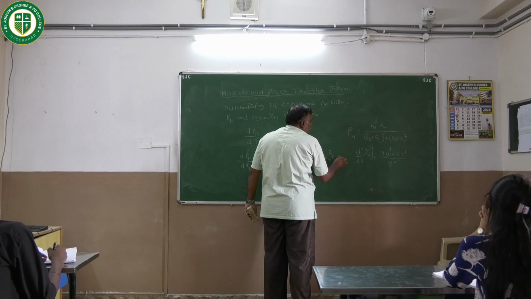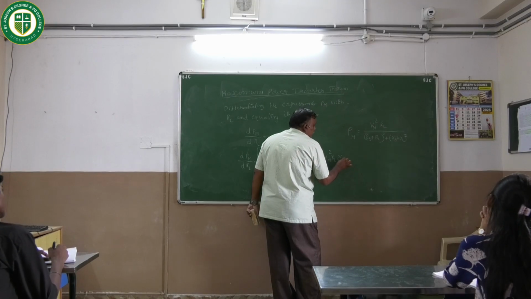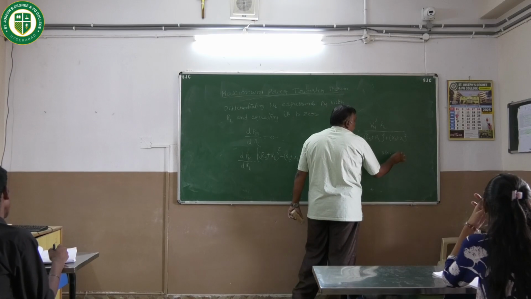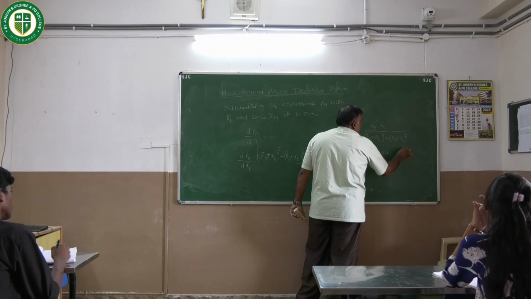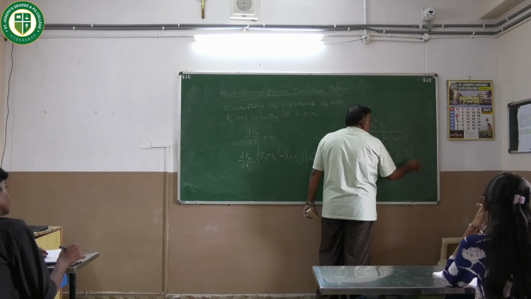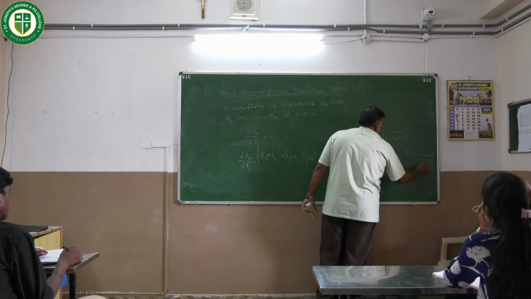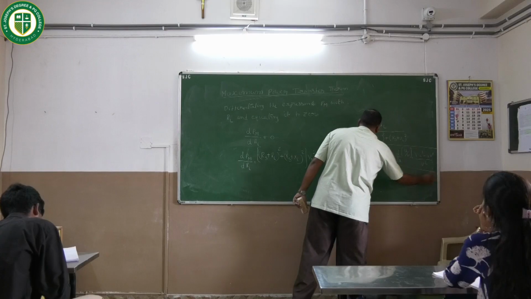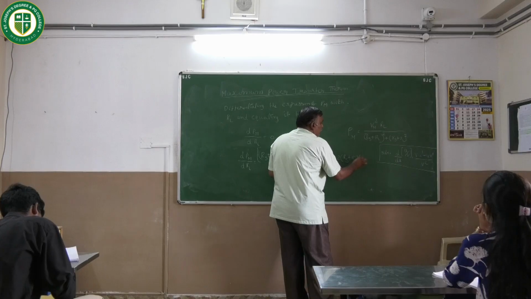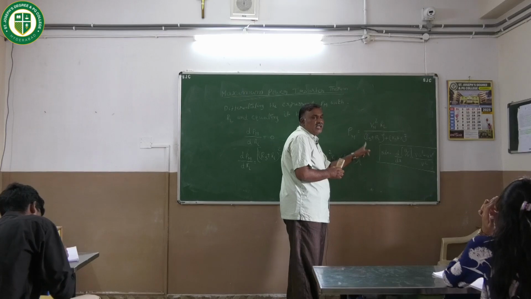So it is going to be 2 into RS plus RL into the differentiation. RS is a constant, so dRS by dRL is going to be 0.